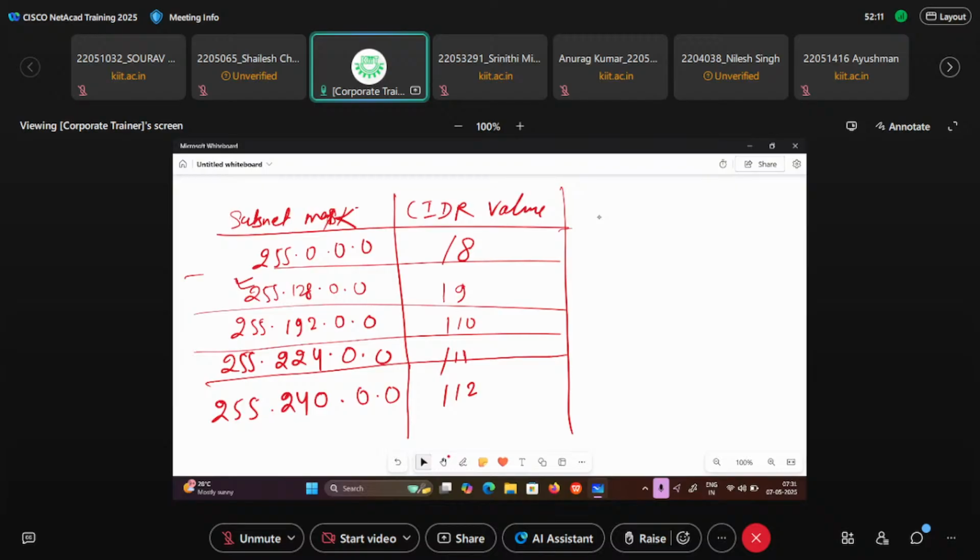Let me write here binary and decimal values for some numbers, because these numbers will be used every time. So we have the binary values, and then we have the decimal ones. In decimal we have 128, right?